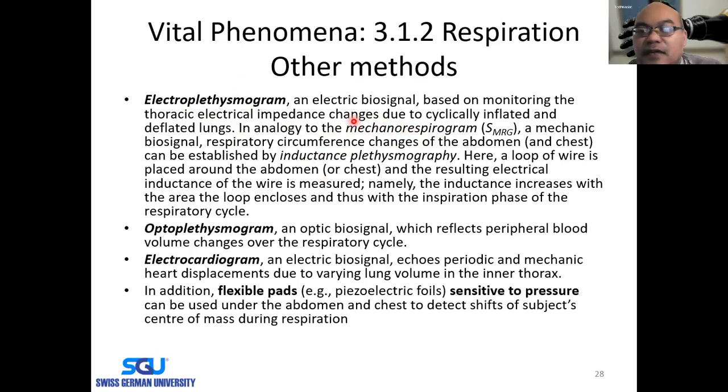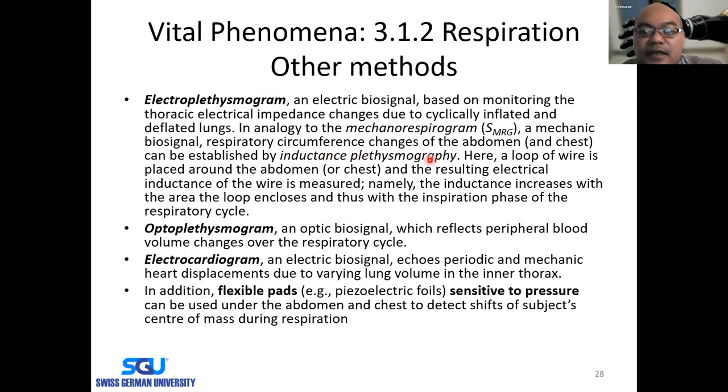This is similar to the mechanorespirogram. However, it is not measured mechanically. In the mechanorespirogram, you measure the expansion and contraction of the volume, for example with a strain gauge. But this one uses the impedance change of the tissue.